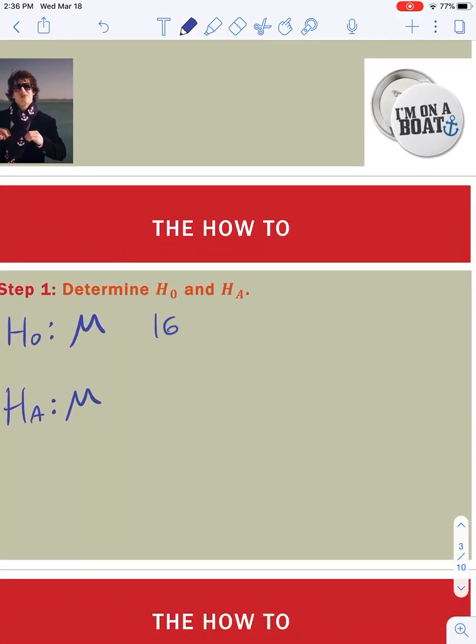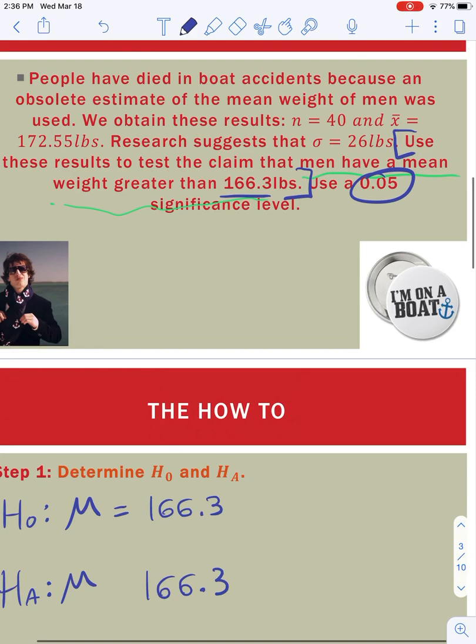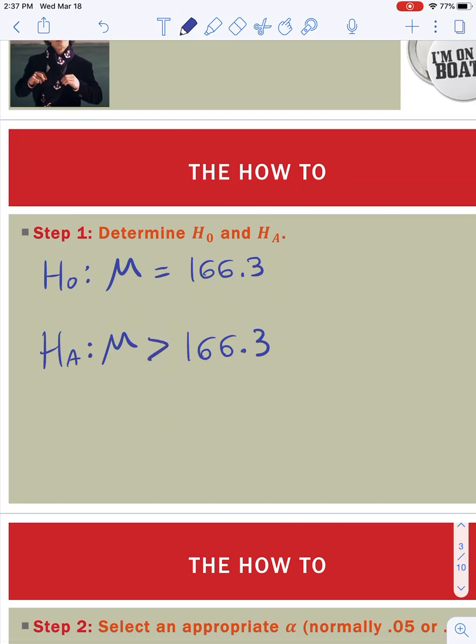So we're going to put that here and here. Whatever number is suggested in the claim always goes here. The null is always an equals, so we're going to put equals. And now the word we're looking for is some word that indicates whether this is a less than or a greater than problem. And right there it is. Greater than 166.3. So this is a greater than alternative hypothesis. And there we go. We've got our hypotheses.